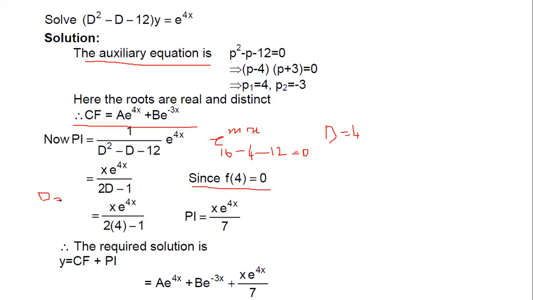Substituting D equal to 4, you will get 8 minus 1, that is 7. This is the particular integral, and many students forget to write this step. The required solution is y equal to complementary function plus particular integral: A e power 4x plus B e power minus 3x plus x into e power 4x by 7.